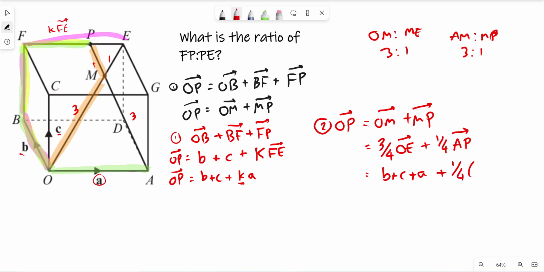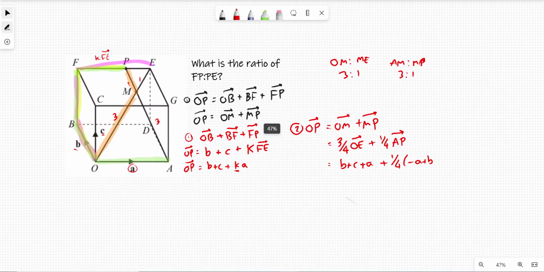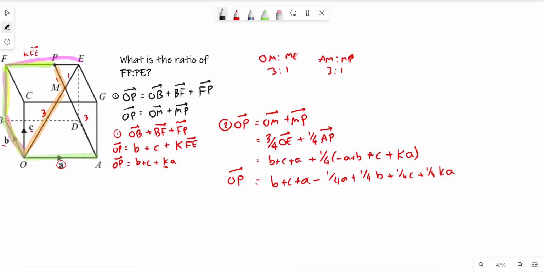So that's going to be 1/4 of, now we're doing the green journey, minus A, because we're going this way, so it's minus A, plus B, plus C, and then plus some amount of FE, which is some amount of A, because we know that FE is just A. You can see that this bit and this bit are very similar, which is good. Now, what we've actually forgotten here is that this bit is OA, but we actually want 3/4 of it. So this bit should be 3/4 over there.